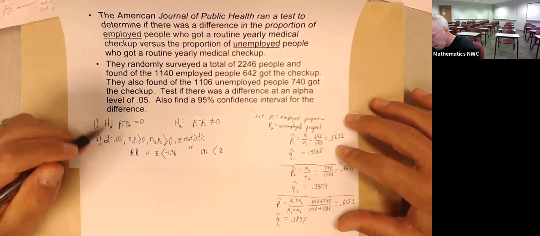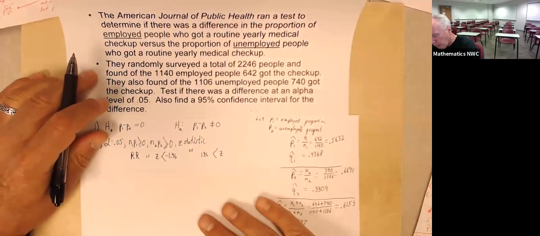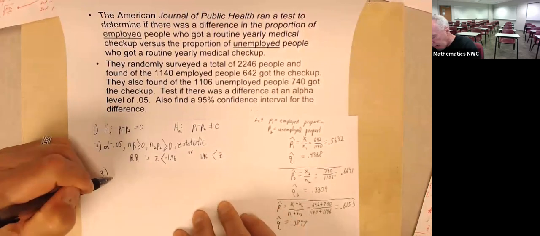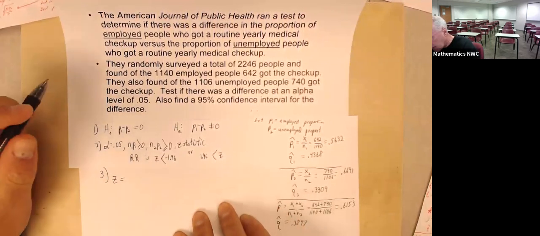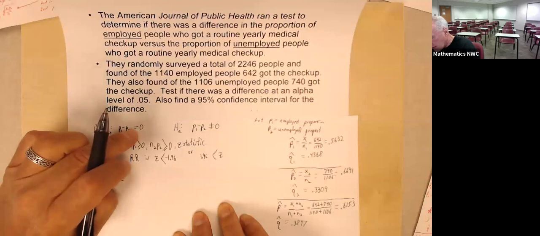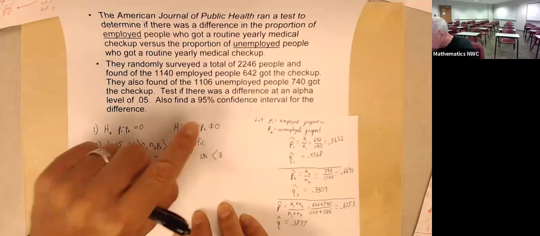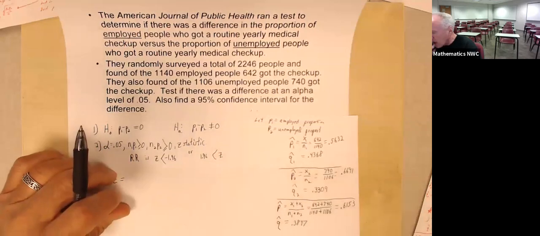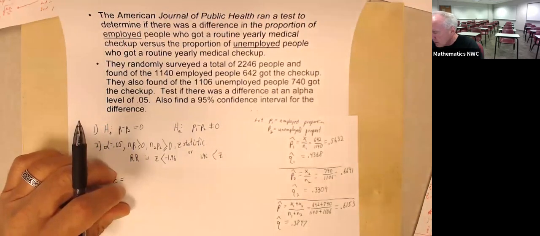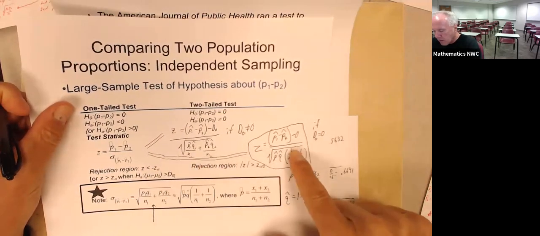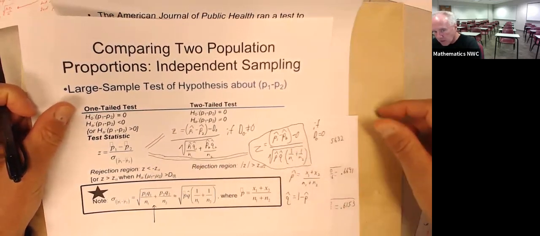Step number 3. I need to calculate my Z. We're setting the difference equal to 0, so we use that second formula. What I'm referring to, again, is this formula right here, the one that we use the most often.